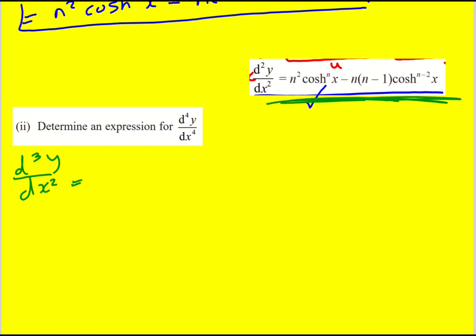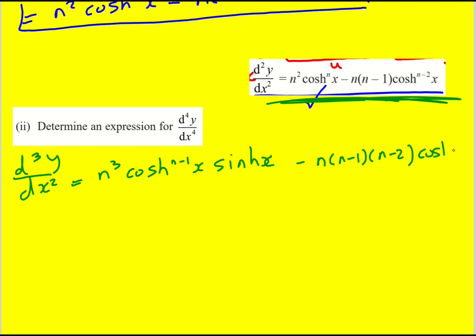But we can differentiate this, and because we've simplified it, we don't have lots of product rules or anything to do. It's going to be a similar sort of thing to before. So I'm going to differentiate. I'm going to get n cubed cosh to the n minus 1 x, then sinh x, then minus n minus 1, n minus 2, cosh n minus 3 x times sinh x.